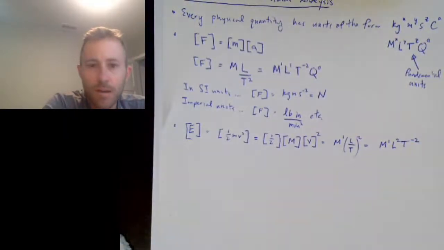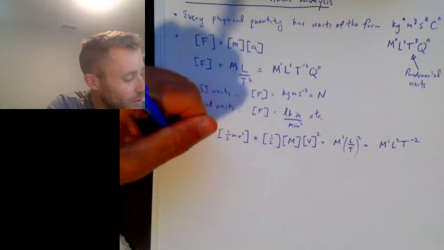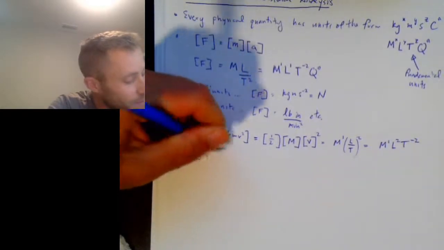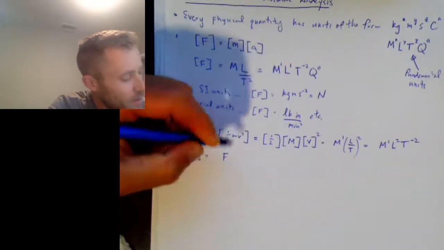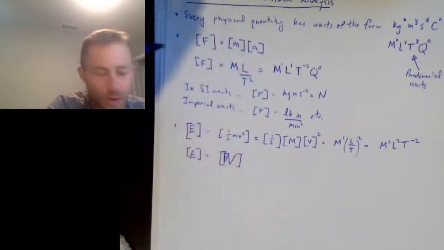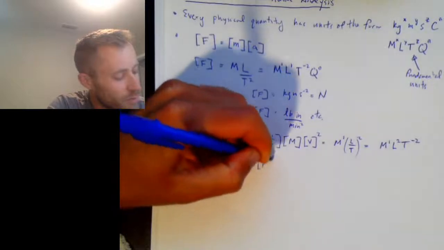Okay, we could arrive at this a different way. For example, we could say that work is a form of energy, so the units of energy and the units of work are the same. Work is force times displacement.